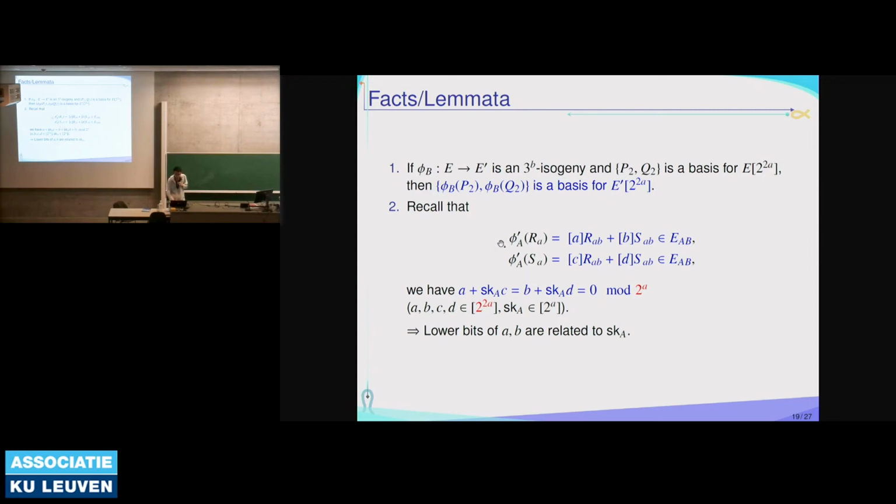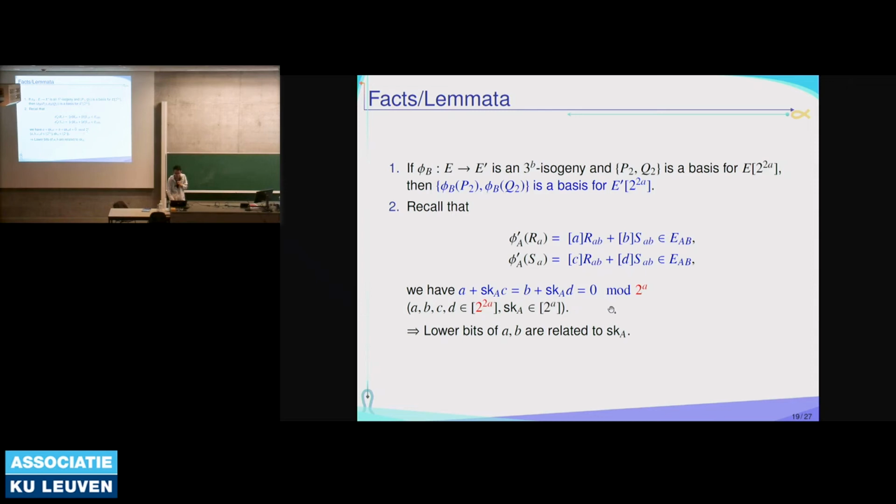And recall that this is the relation from the first and the second equation. And this coefficient here is part of the secret information from Alice. And we notice that this ABCD coefficient has this relation with Alice's secret key, which means that A plus SK·C equals B plus SK·D equals 0 modulo 2^A.